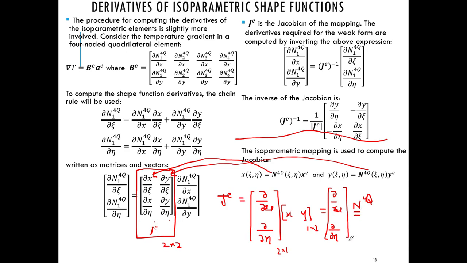So this is again 2 by 1 and N is 1 by 4, multiplied by, let's say, a matrix which contains xe and ye as each of its columns.